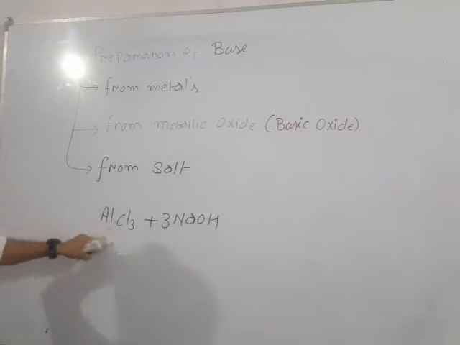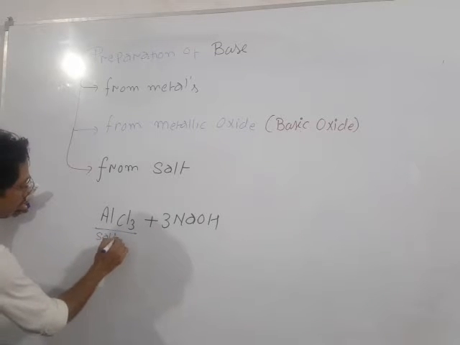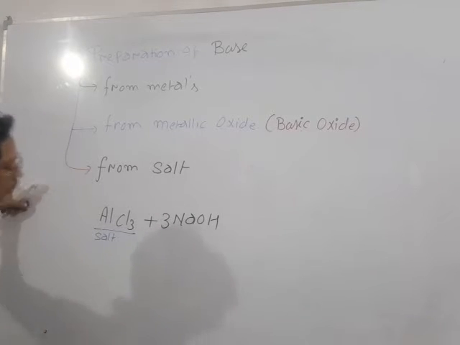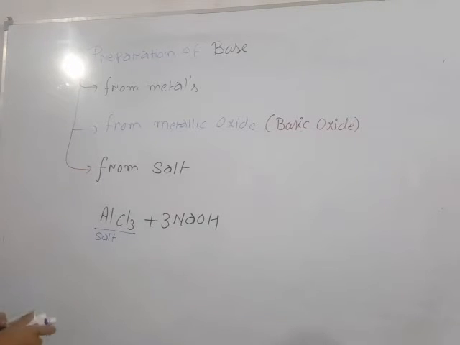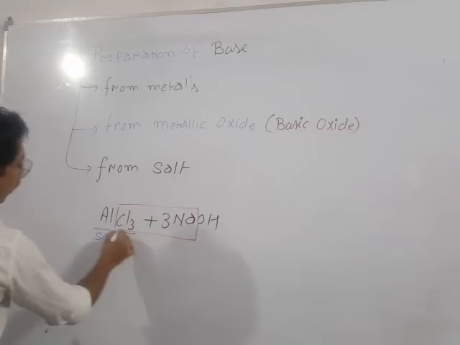Aluminium trichloride is a salt. It forms one element, and then chloride will react with sodium. Look here. Now tell me what is formed?